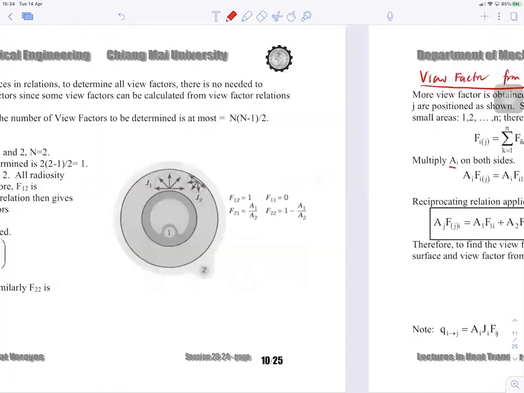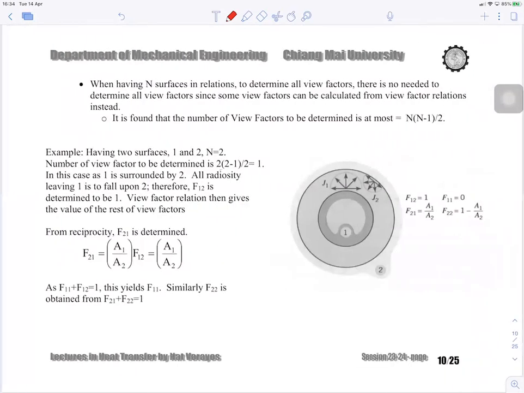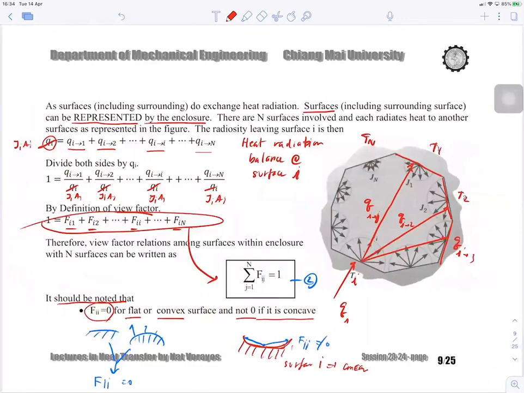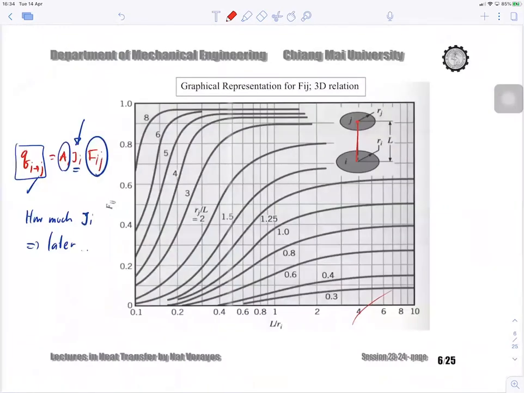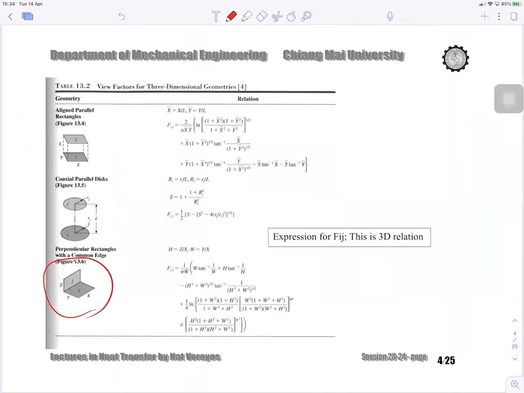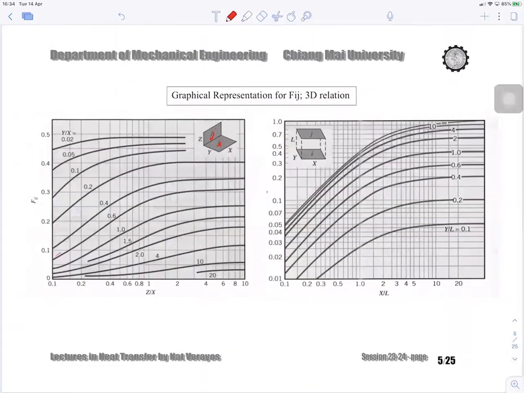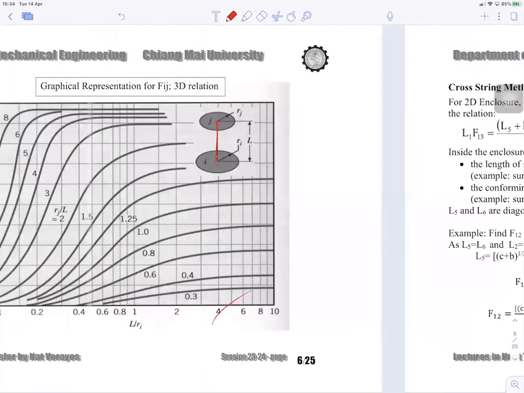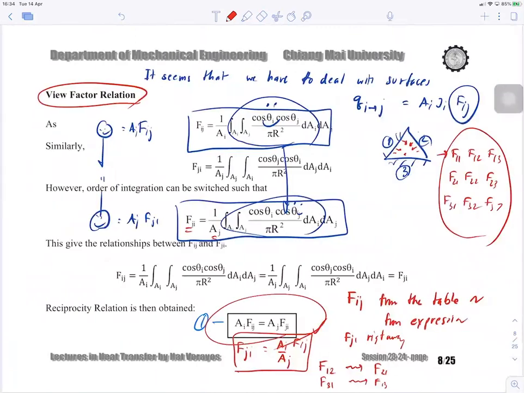Take a look here. Okay, i is over here, j is over here, fine. Or this one, i is over here, j is over here. See, you can use this equation. You can use this graph.